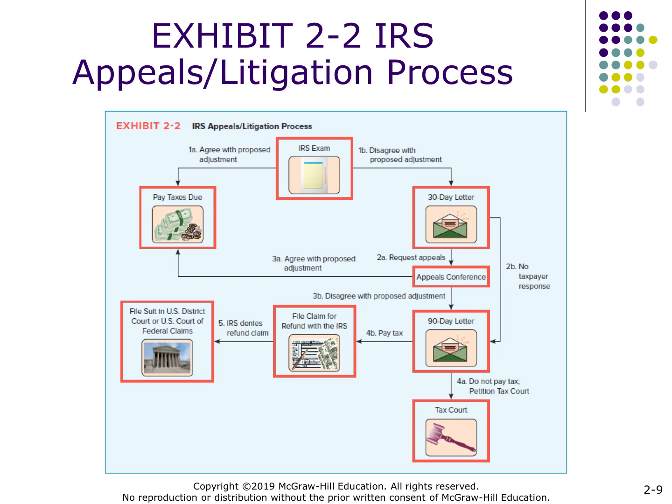And if you and the IRS cannot come to an agreement, then there is a litigation process, and you can go to tax court, and there are different levels of tax court.